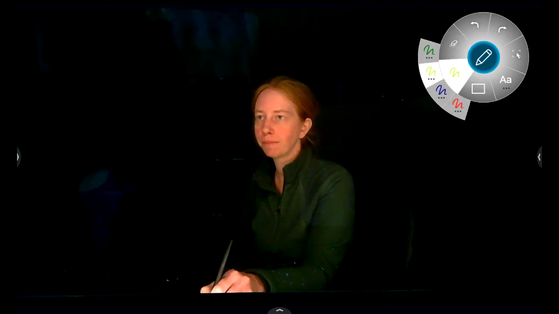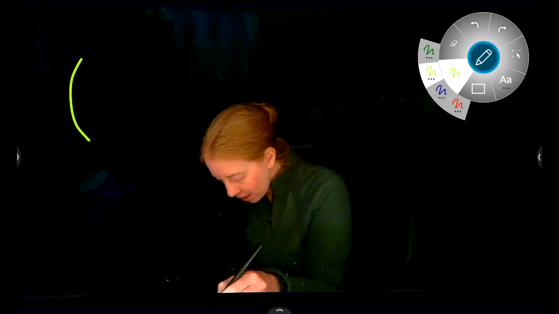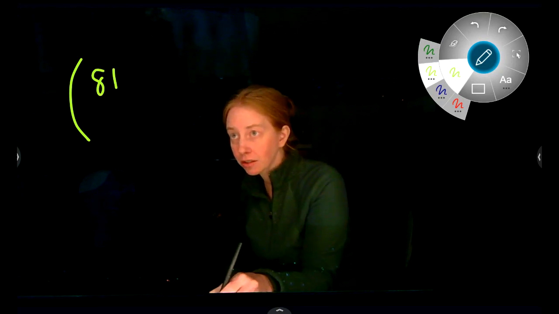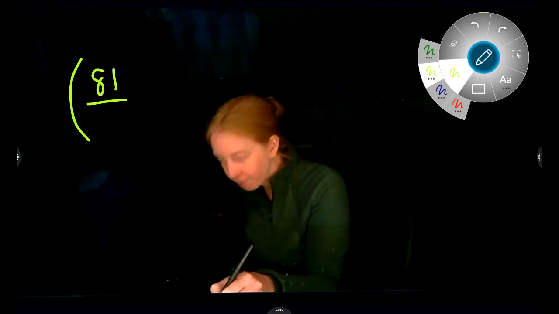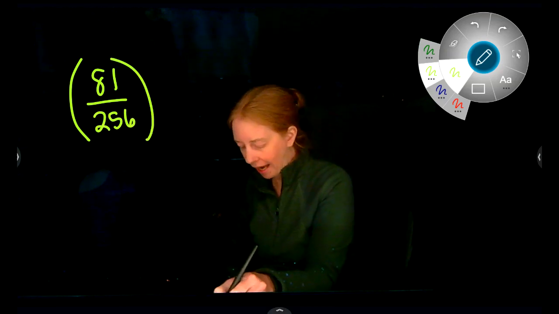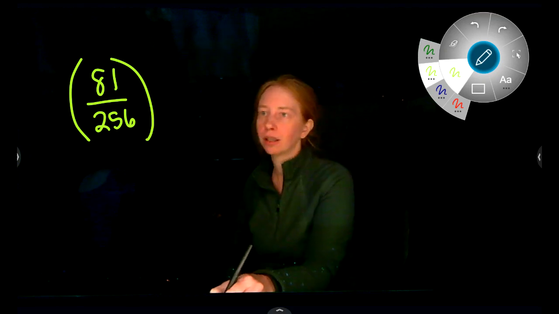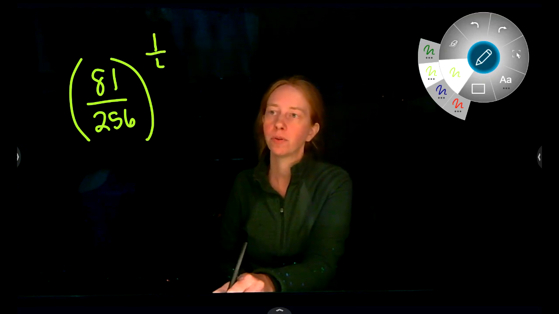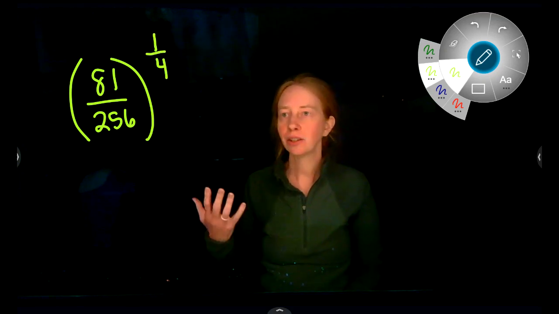So let's just do this example because I think it'll be a good one to do. What if I have a fraction? Okay, so a fraction. This one is in the checks. So 81 over 256 raised to the power of another fraction. And this fraction is 1/4. Okay, what the heck do you do with that?